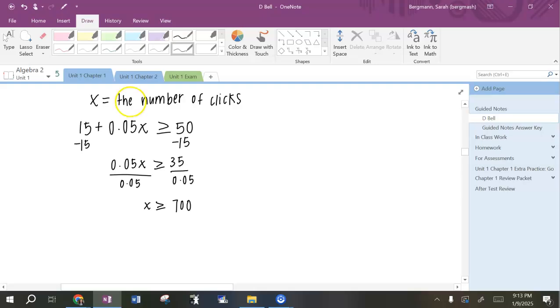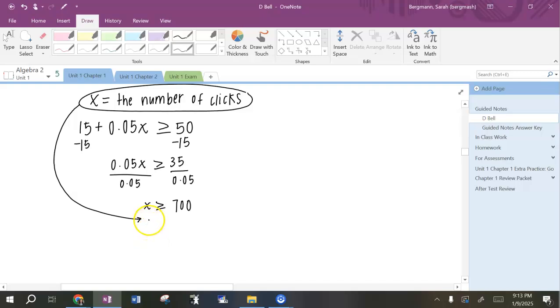So go back to the given, or the unknown information, the part that said X equals the number of clicks, this part where you define the variable. Take exactly what that is, and you basically just restate it with the number. So we're going to say he needs at least 700 clicks.